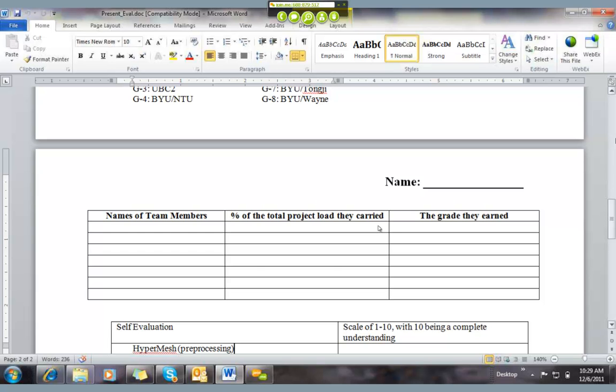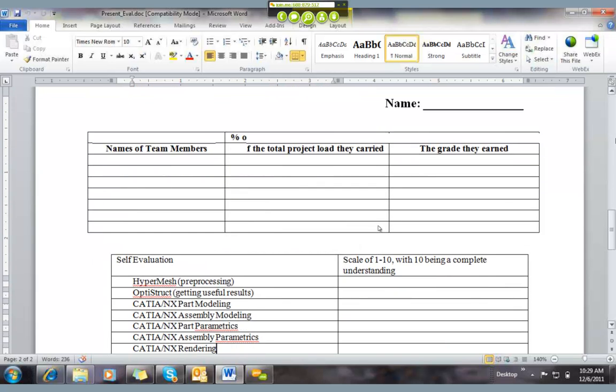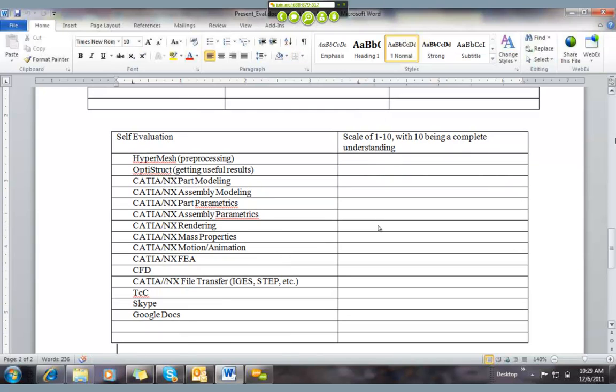And then the last part of this is a self-evaluation. We want you to self-evaluate yourself based on these things: HyperMesh, OptiStruct, NX or CATIA part modeling, and so on down the list.